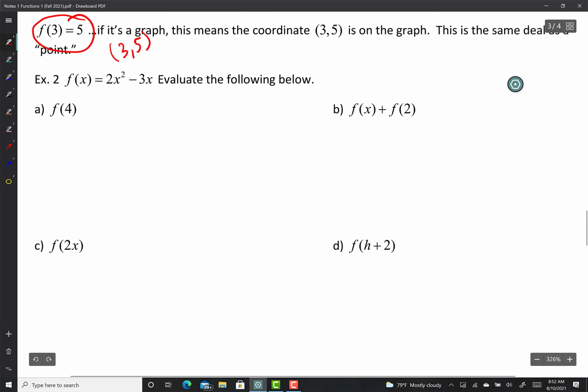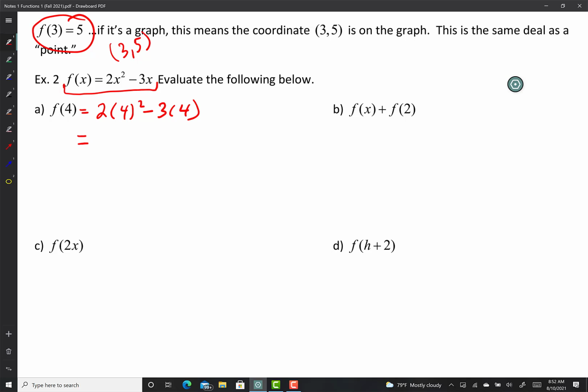So I have a function, and they're telling me that this function behaves like 2x squared minus 3x, and it tells me evaluate the following function. So if you see f of 4, all that means is wherever you have an x, you're just going to type in a 4. 2 times 4 squared minus 3 times 4. And we're not insulting your intelligence. You can actually leave it like that on the calculus AP exam, but I tell my kids to just keep going.